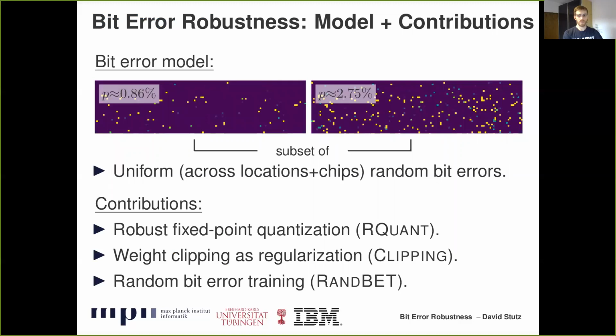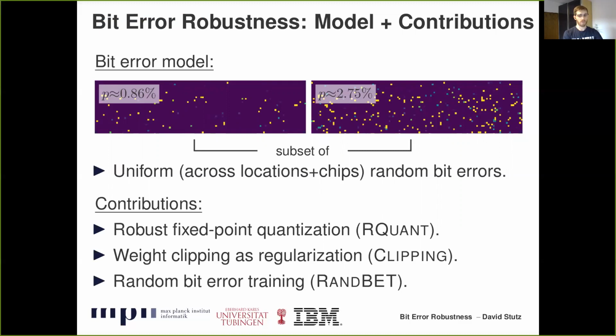We consider a very simple but realistic bit error model. We assume that bit errors are distributed uniformly across spatial locations, while in practice, for a fixed chip and a fixed voltage, these locations are fixed. They can be assumed random across different chips. Also, bit errors at higher voltages, meaning lower bit error rate, are usually a subset of those at lower voltages, meaning higher bit error rate, as shown on the top here.